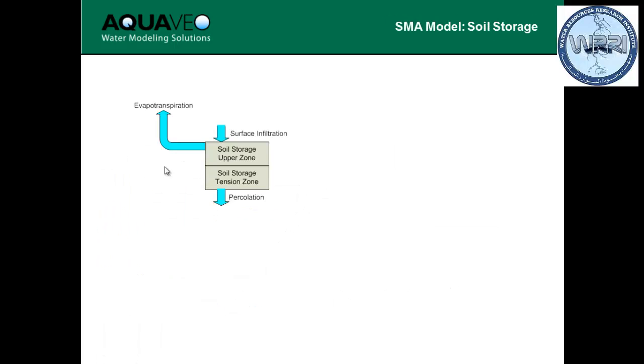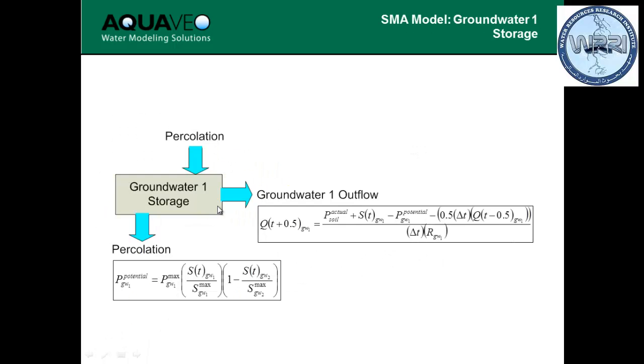So the soil layer has percolation coming out of the soil layer. That goes into my groundwater layer. And then I have an outflow, which can eventually go into the base flow. Then I have percolation to another layer. And so this is how my outflow is computed using this equation. This is how my percolation is computed.